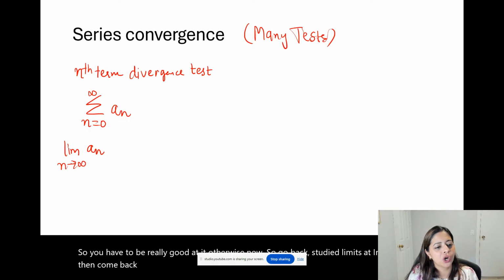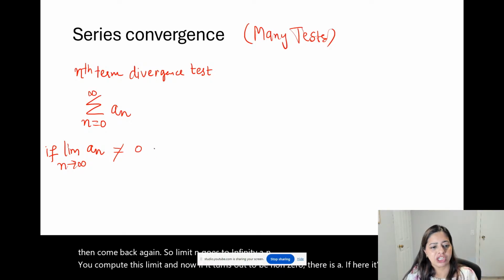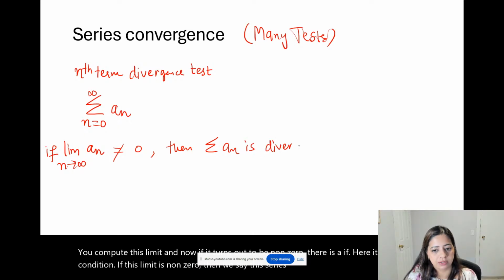So the limit as n goes to infinity of a_n. You compute this limit. And now, if it turns out to be non-zero, there is an if here. It's a condition. If this limit is non-zero, then we say this series is divergent. Otherwise, what's the other possibility?